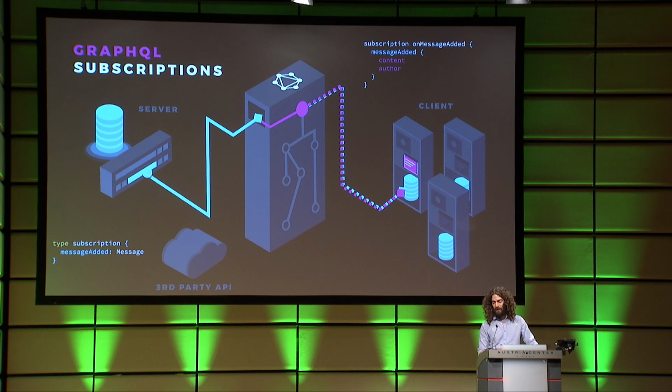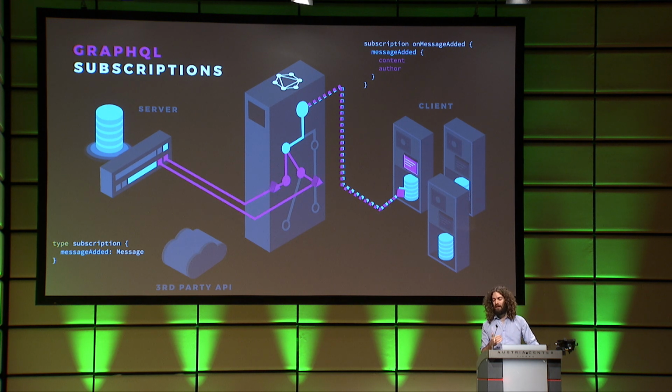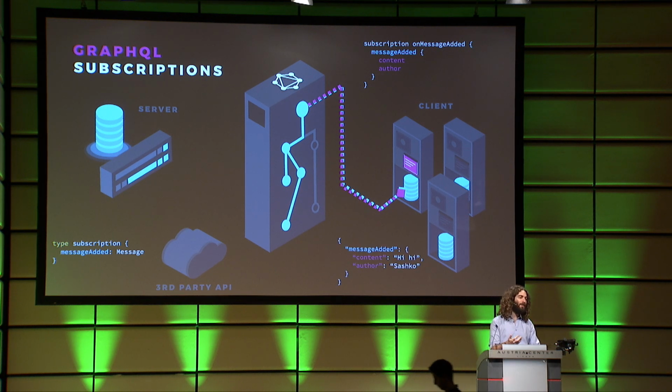Then every time this event happens, it fires at the source, at the subscription, and then it does the same process that we saw before with the GraphQL query. I'm going to get all the data that I need with this event, even if the event doesn't have this data. So even if, let's say, the author is coming from a third-party API, I can still get real-time push notifications or real-time publications with all the data that I need, even if it's more than my server has.